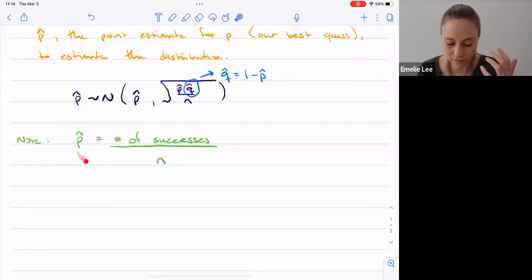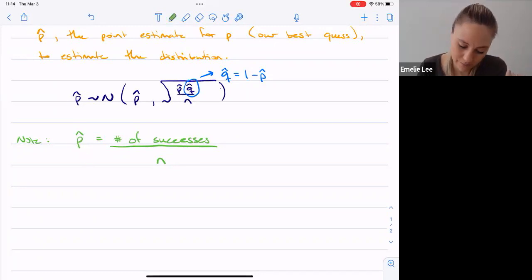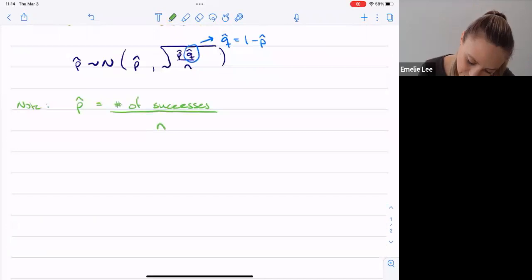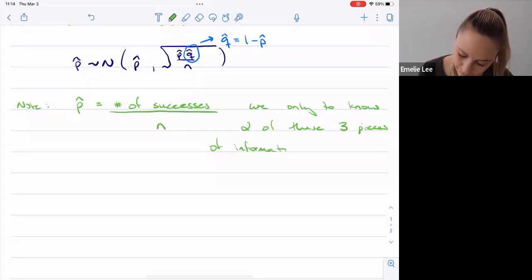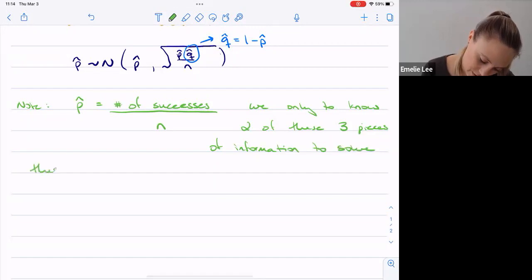So what's cool about these questions is we only really need 2 of these 3 pieces of information to solve these problems.